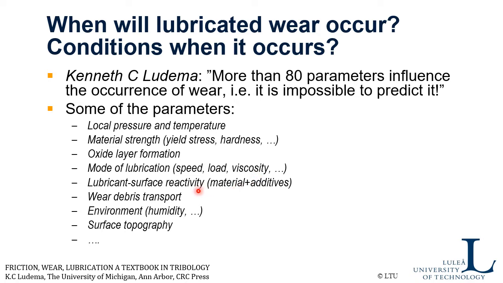The surface reactivity is important, and how the wear debris is transported away from the contact could be important and very difficult to predict. The environment is important, and of course the surface topography. I recommend you to read this book also. It can be found on the internet.